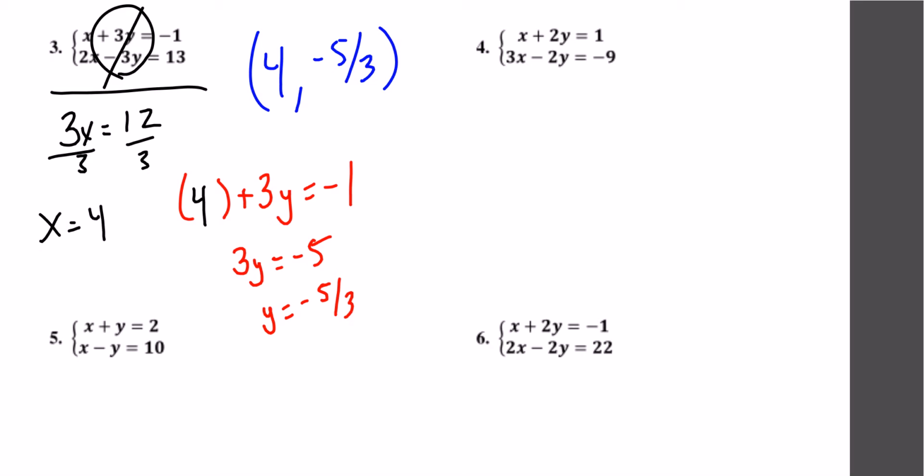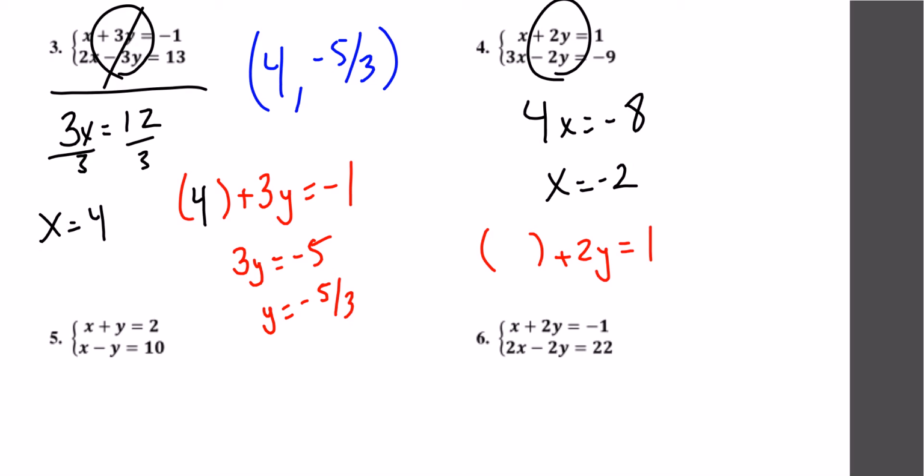Number 4 is the very same setup. The y's already match. I end up with 4x equals negative 8. Divide by 4 on both sides. x equals negative 2. I'm going to take that negative 2 and plug it into the top equation. So I'm going to read the top as the empty parentheses instead of x plus 2y equals 1. And negative 2 goes in for x. Now I'm going to add 2 to both sides.